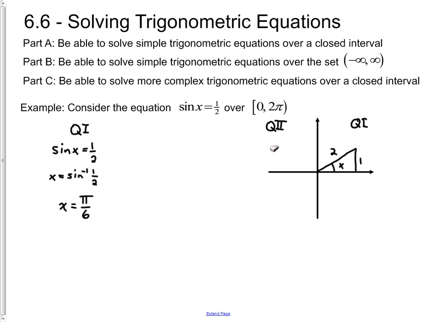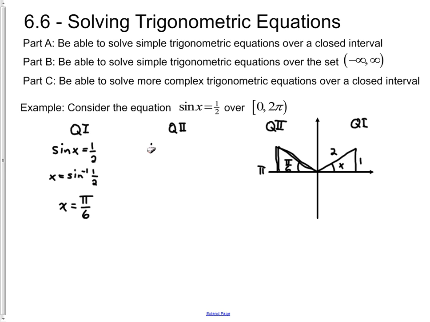But what about quadrant 2? Pi over 6 is not that angle. Well, in quadrant 2, what we're going to do is take this first angle that we found, pi over 6, and use it as a reference angle. So we're going to draw our right triangle this time in the second quadrant. Right? We always reference to the horizontal axis right here. So if we put pi over 6 right here, we're looking for the standard position angle whose sine would be 1/2.